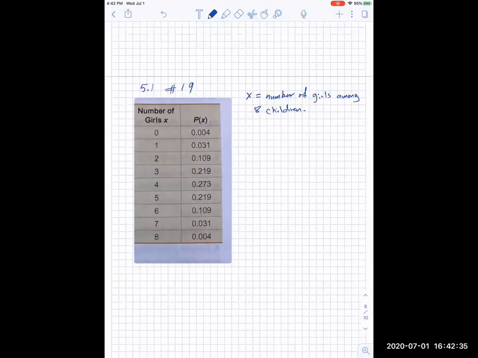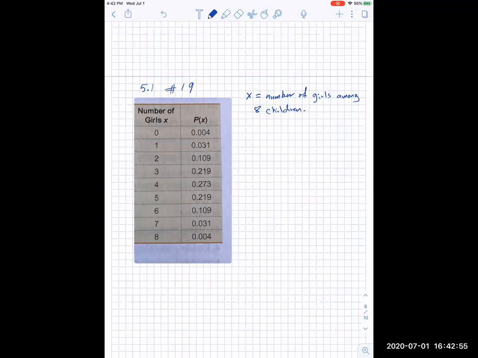So the minimum value for X is 0 girls, and all the way to 8 girls among 8 children. And these are the probability values of these numbers of girls.